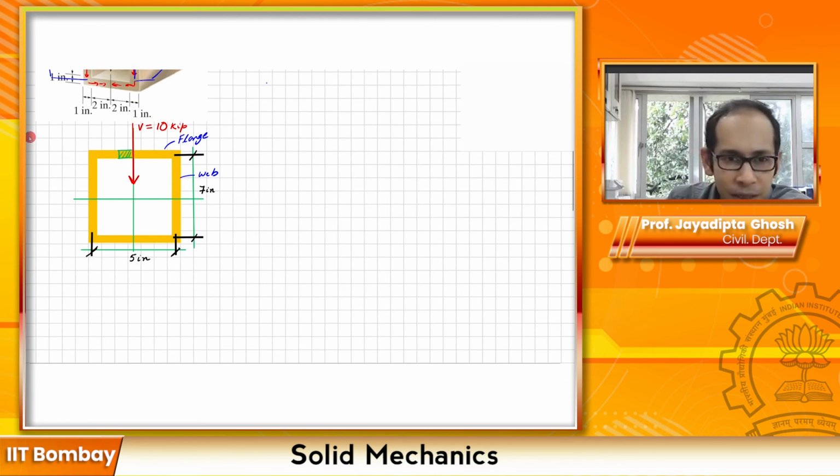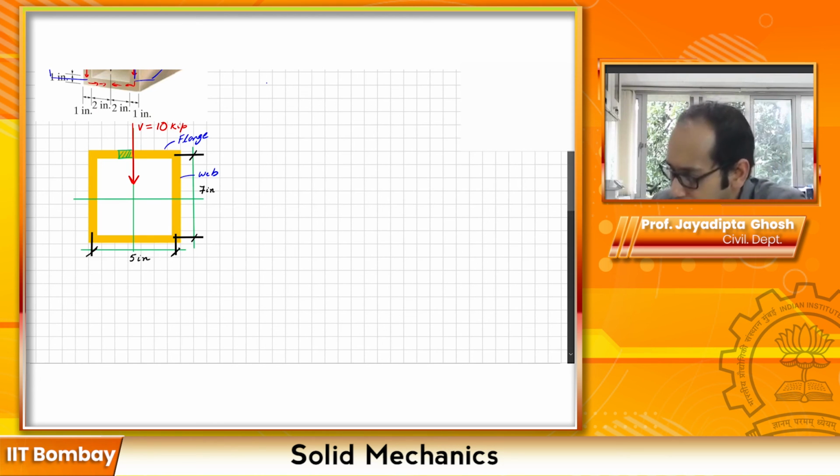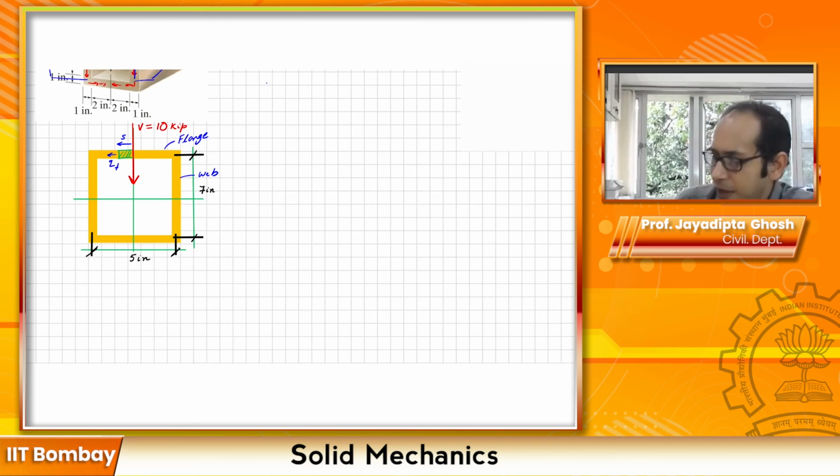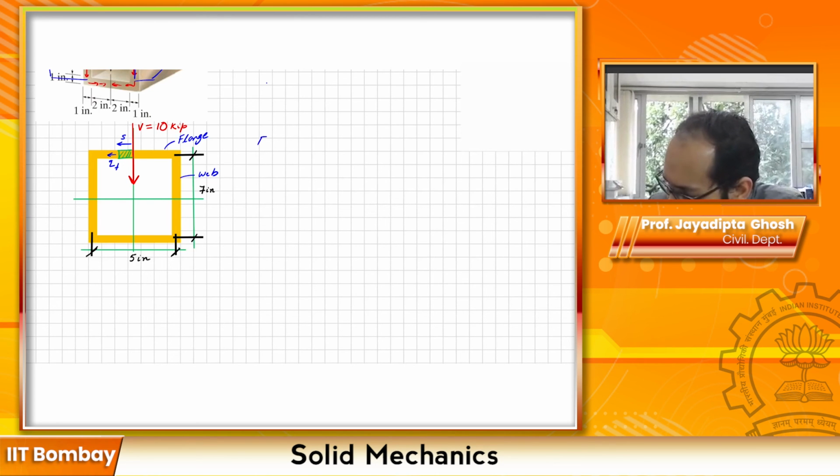So if I am taking a small chunk at a distance s from here, similar to what we did before, I'm trying to find the value of the Q in the flange, right? So the q of the flange is, again remember, VQ divided by I, right?